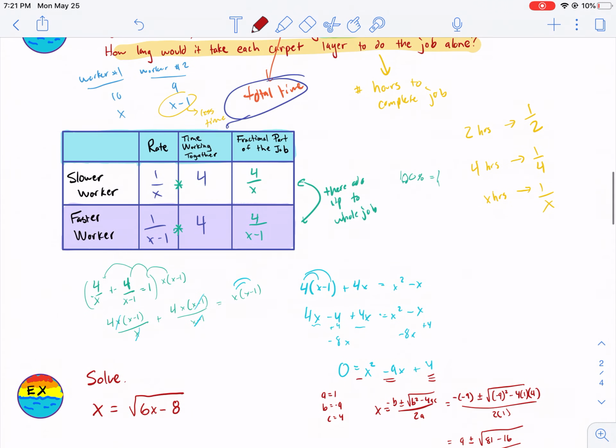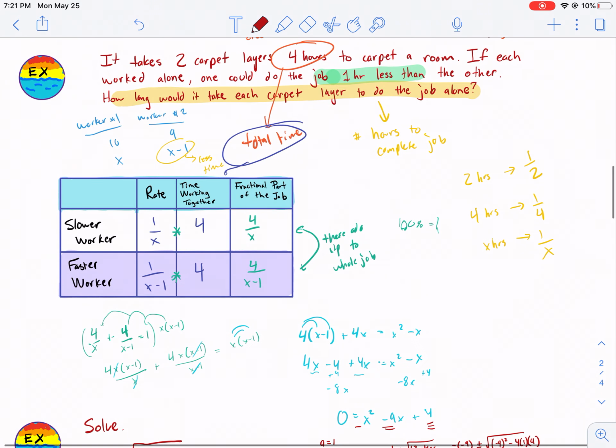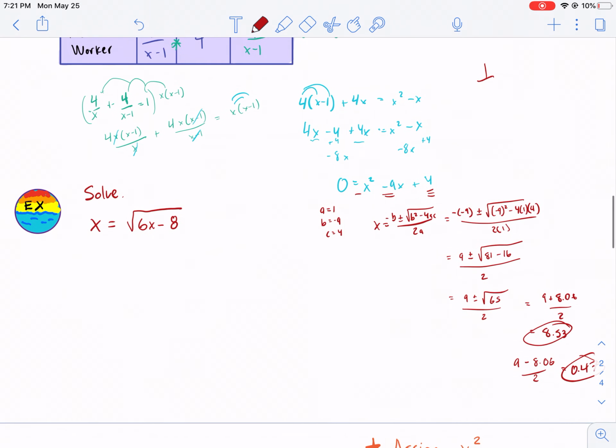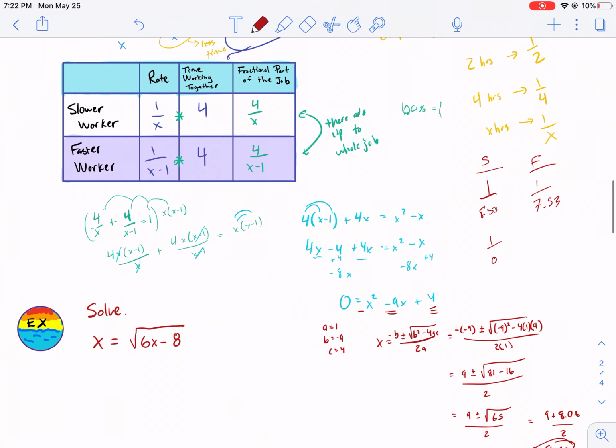So we need to decide which one we're going to use. Now, if we put as the rate for the slow worker 1 over 8.53, that's good. Then the fast worker is 1 over 7.53. So those work. What about 1 over the other one, 0.47?